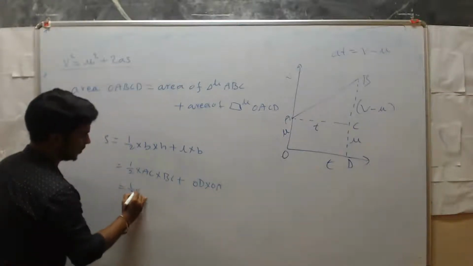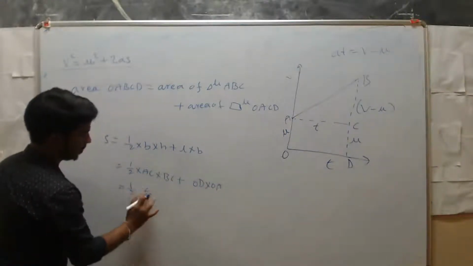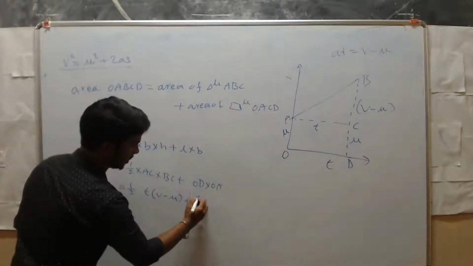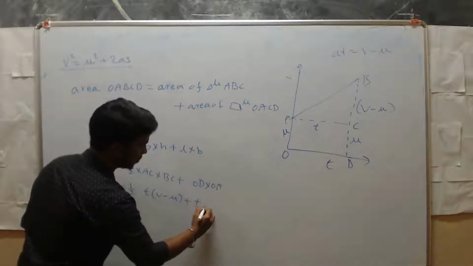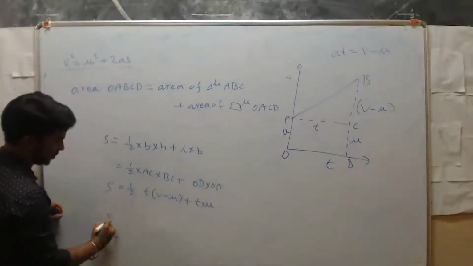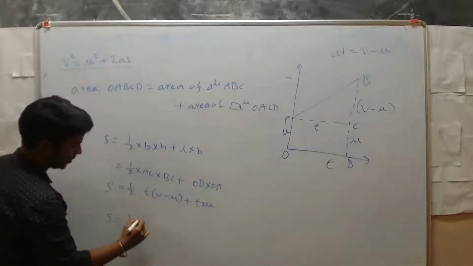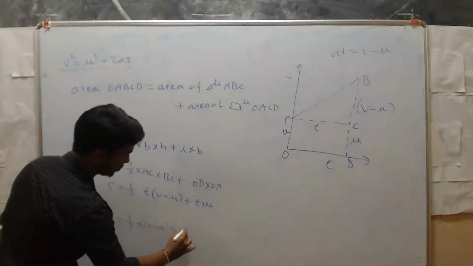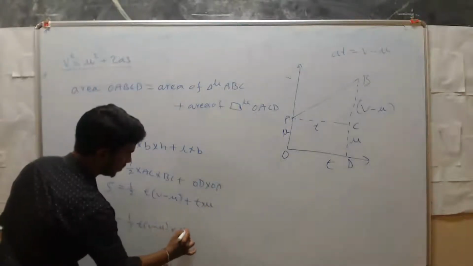So half into AC is t, then BC is v minus u, and OD is t into u. So s equals half into t into v minus u, plus ut.